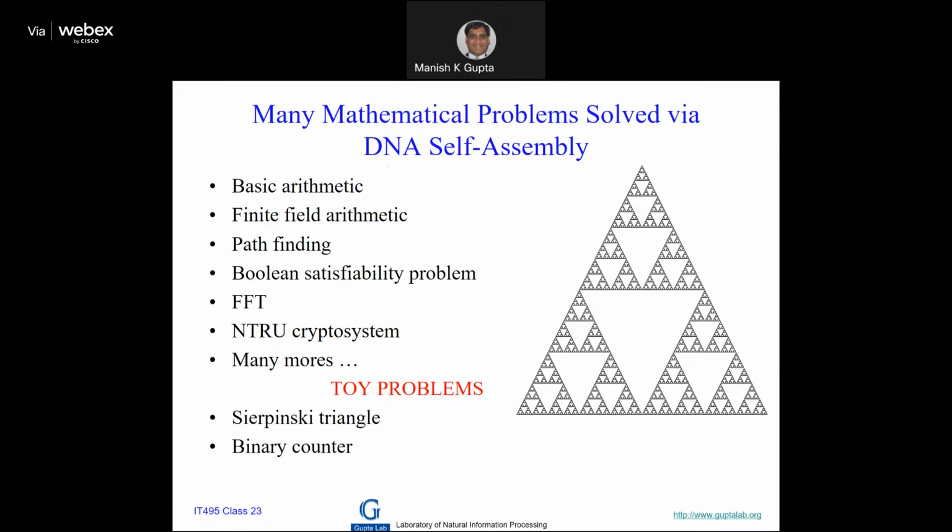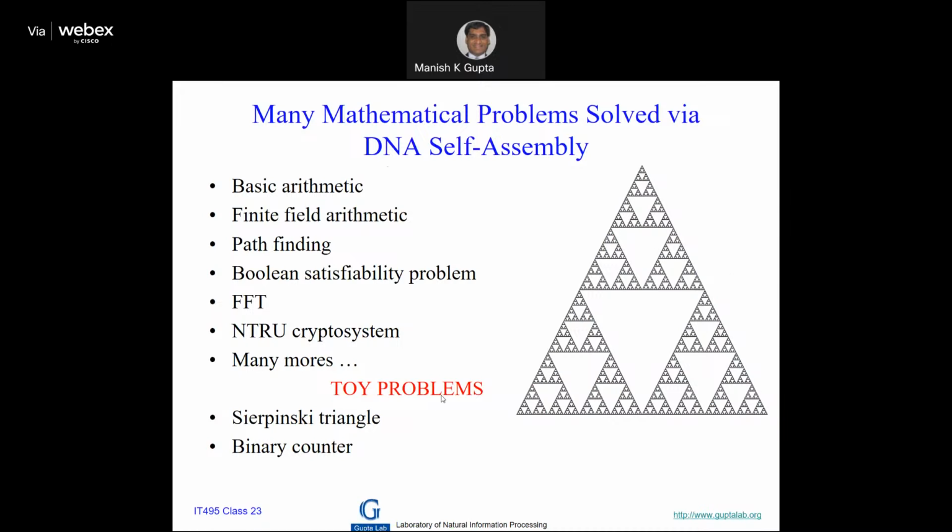These are some of the problems I have listed. Using DNA self-assembly, you can do basic arithmetic: addition, subtraction, multiplication, division, and as I mentioned, your senior Tulsi Shah has designed the DNA calci. Finite field arithmetic, all that finite field business, can be done by DNA self-assembly. People have done that also. Then path finding in 2-dimensional space.